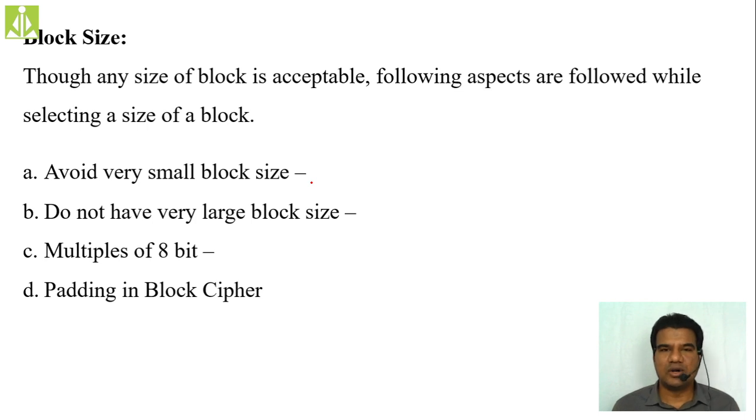According to a study, what the cryptographers found is this: if you take the block size very small, let us suppose only 1 or 2 letters, or 2 characters. We will not go in terms of bits, but in terms of characters, because it is easier for our understanding.